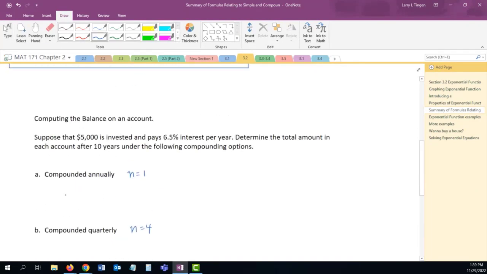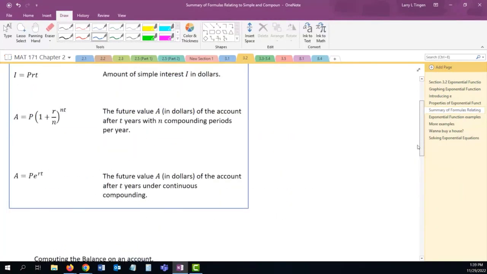So what do these look like? Future value is equal to the principal times the rate. The rate is 6.5%, but I can't do math with percents, so I have to convert the percent to a decimal.